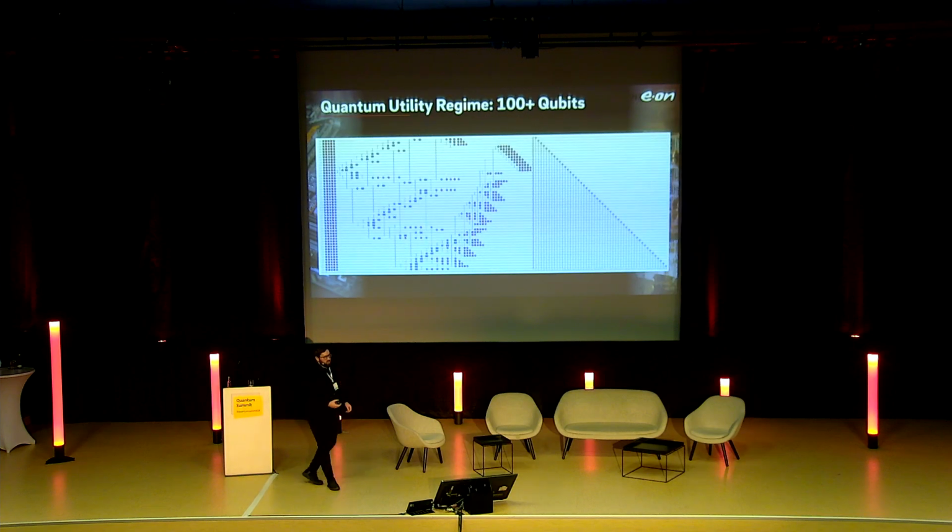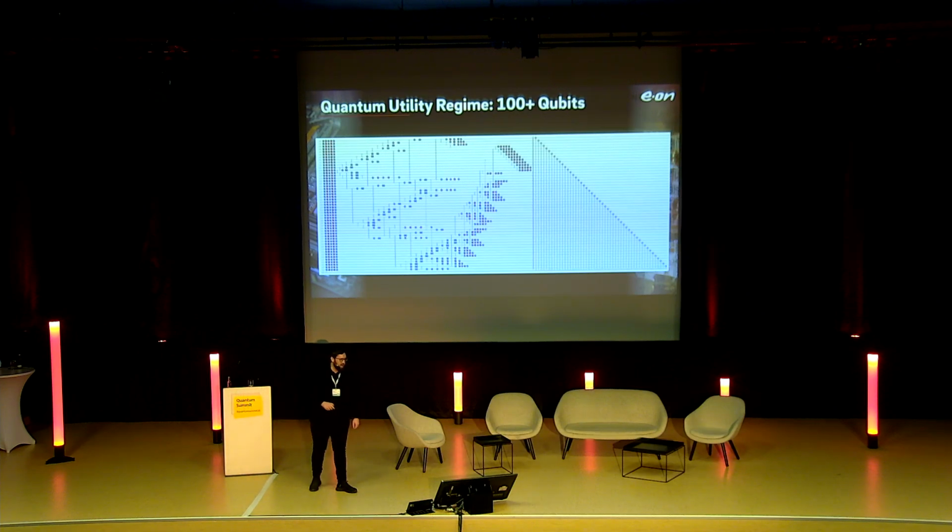And not only did we use it, but we ran it on real hardware at the utility scale. So this is a picture of a 100-qubit circuit of depth 50. So that's, for anyone that's used real computers to do anything, that's pretty good. So 100 by 50, that's within error mitigation regime.